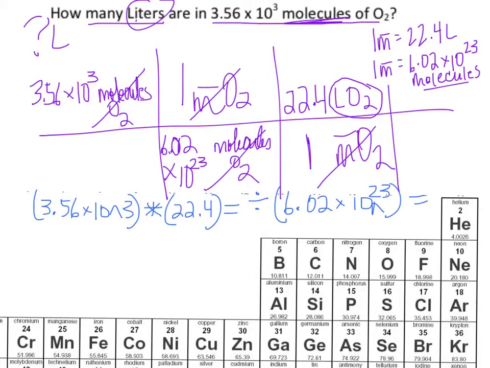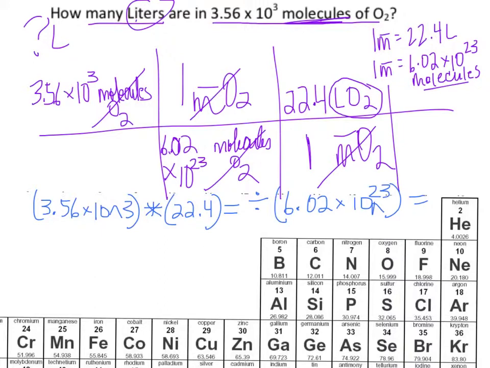So put that in your calculator while I also put it in my calculator, and let's see if you can come up with the right answer while I am calculating it as well. Caret 3 times 22.4 equals, divided by, parentheses, 6.02 times 10 caret 23, end parentheses, equals.